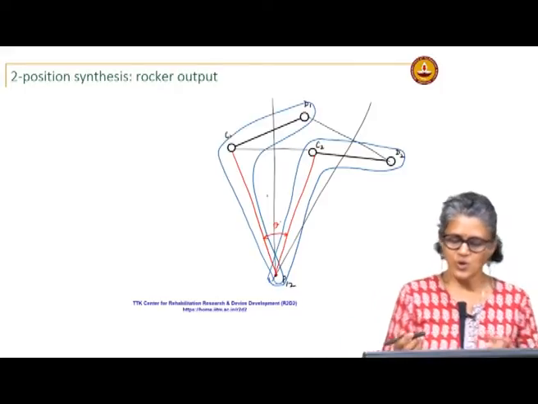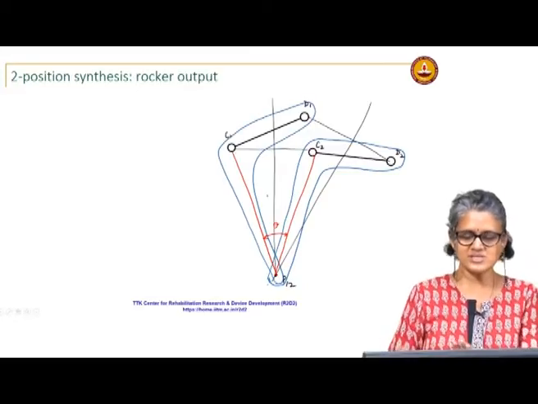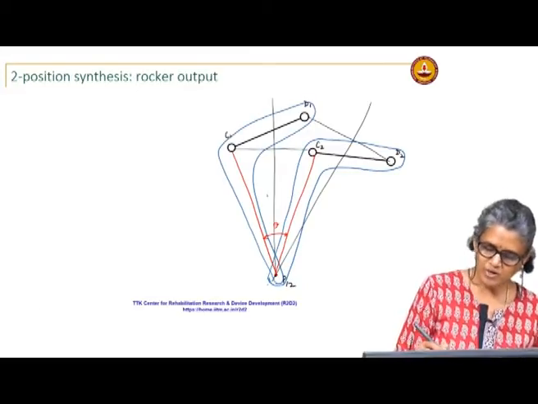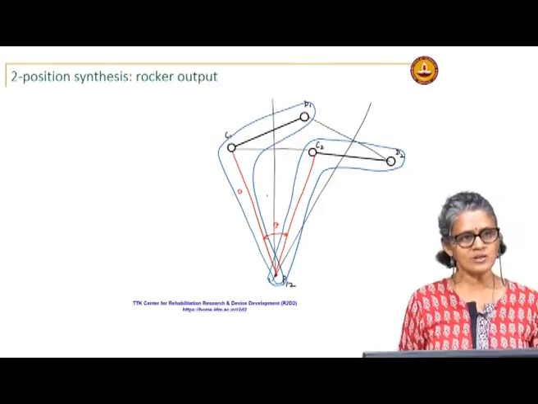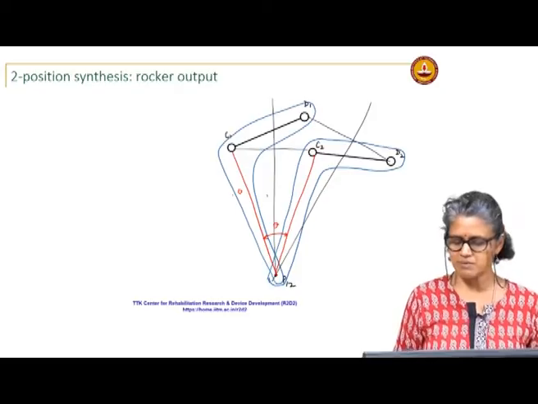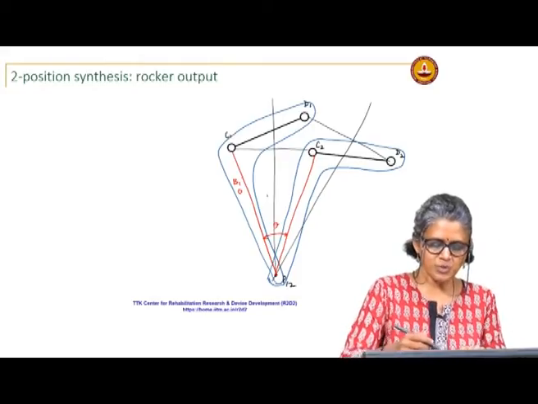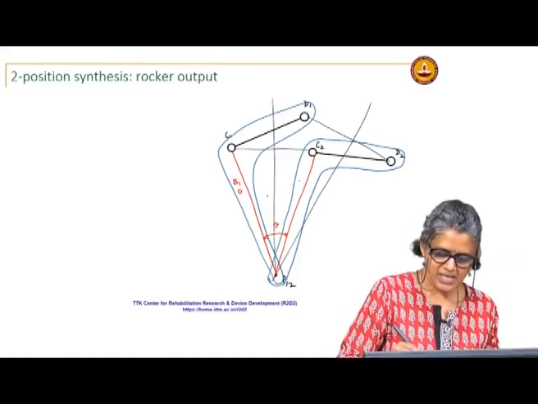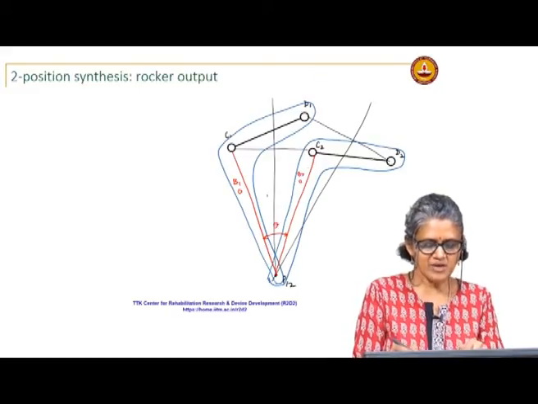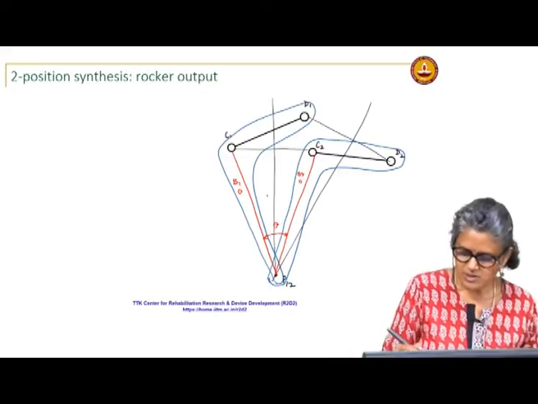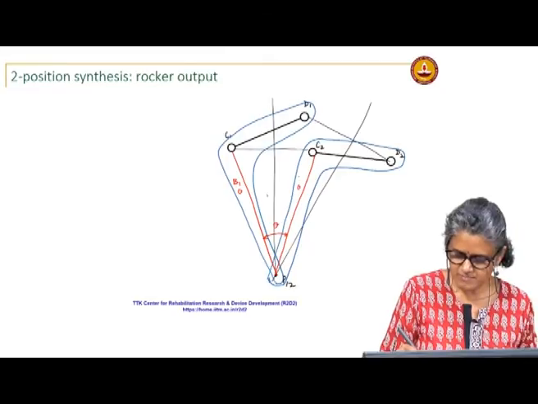So, I can pick my B anywhere on this rigid body. I could pick it here, for example. It does not necessarily have to be on the line P1 to C1. So, I can pick B1 here. Because this is a rigid body, I have to maintain the same relationship, so I locate B2 the same way somewhere here.